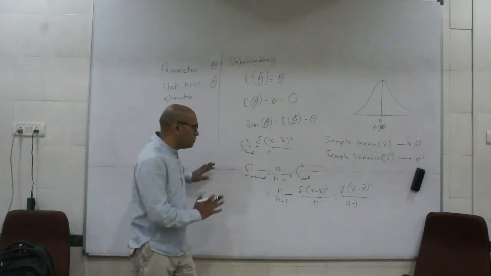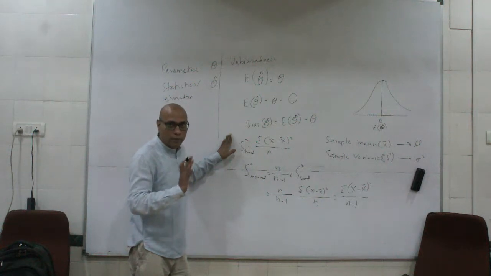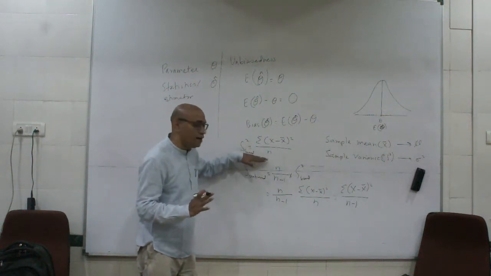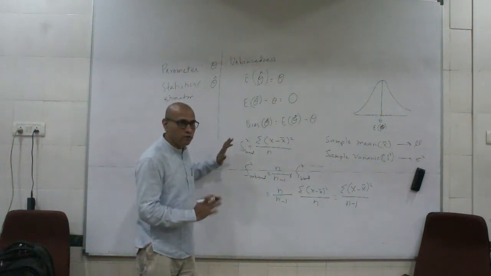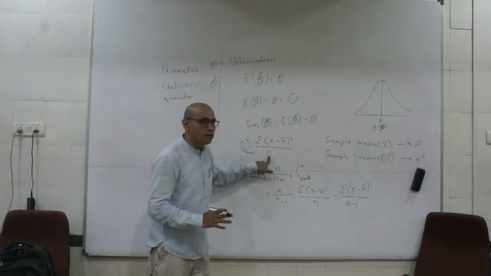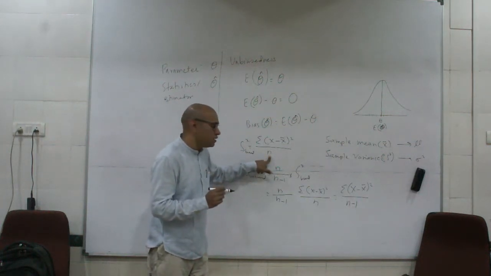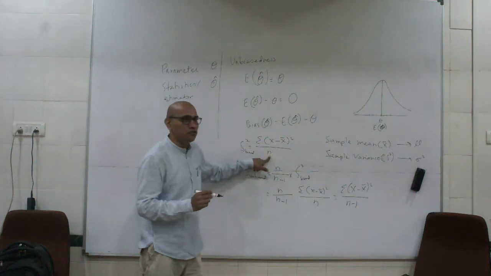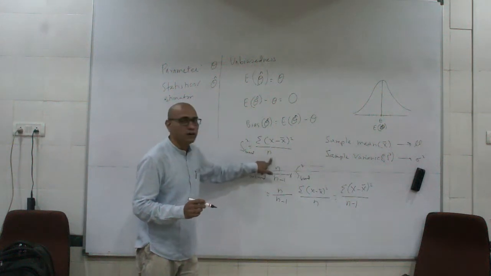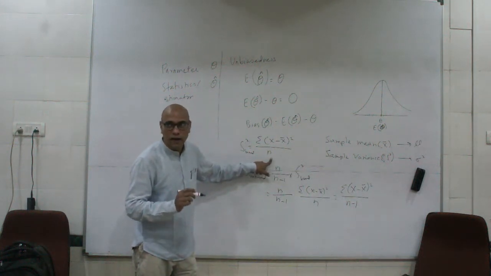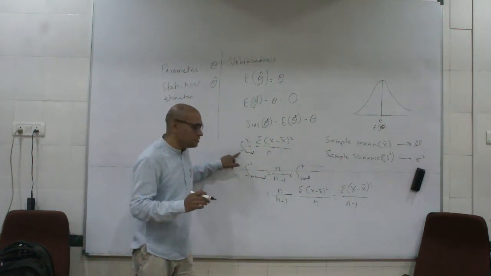So what is the difference? The sample S square is a biased estimator. So when the sample's variance is obtained with the numerator n, that is sample size, being the denominator, this is a biased estimator of the population's variance. So if I am using denominator n, then I am actually bringing bias to my estimator. So what is the proportion of bias?